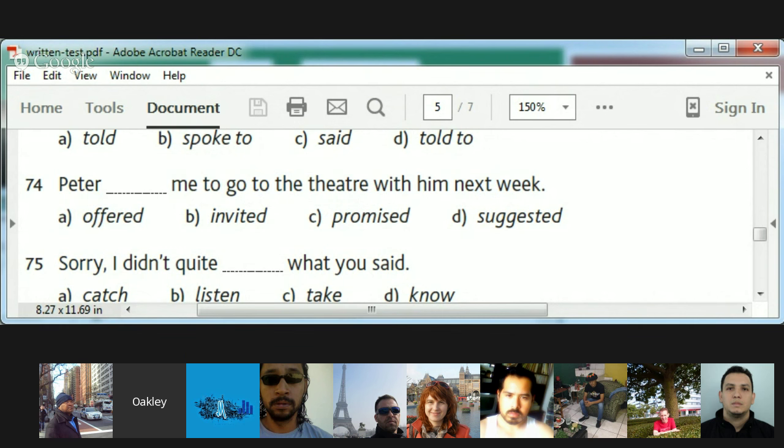No. Julio's correct. It does have to do with the object now. If I talk with Julio about you, like you promised me, so I told him, Julio, like Peter or someone, or Oakley, "promised me to go to the theater with him next week." What's the problem with that?